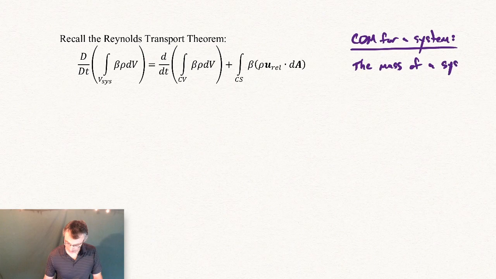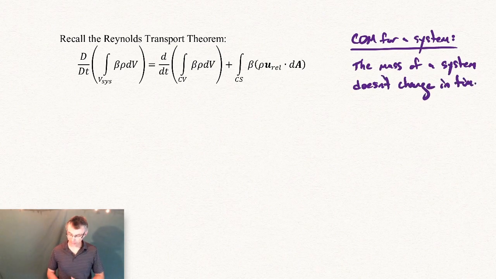A system is like a particular quantity of molecules or atoms, and their mass doesn't change with time. It's always the same mass. So that's conservation of mass for a system in words.